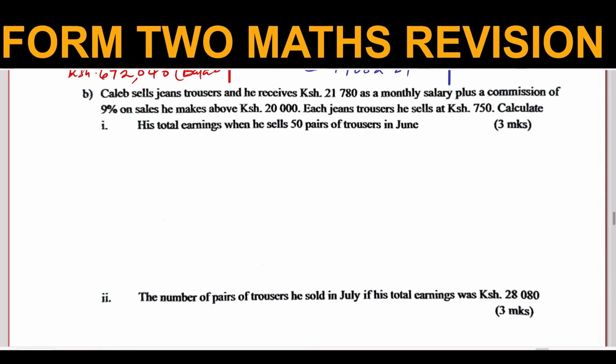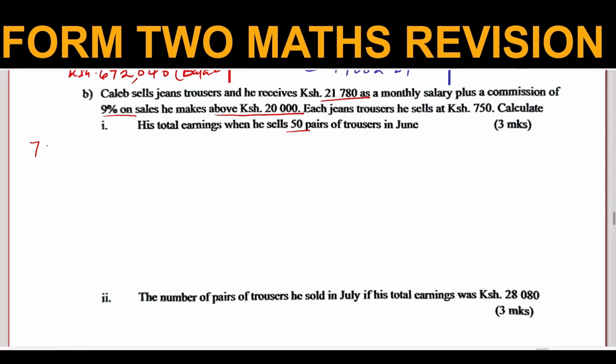So there's two things here. There's a monthly salary and then there's a commission of 9%, but this one is only of goods above 20,000. So let's go to the sales that he made. That month he made sales of 50 pairs of trousers. So for this one, one pair is 750. What about 50 pairs?